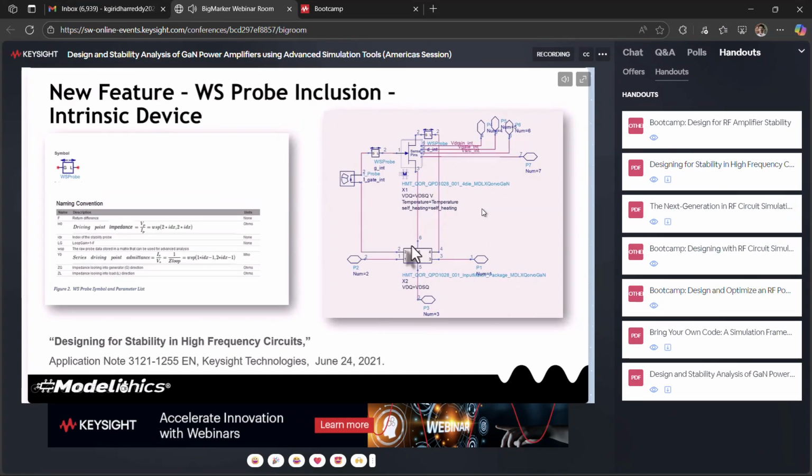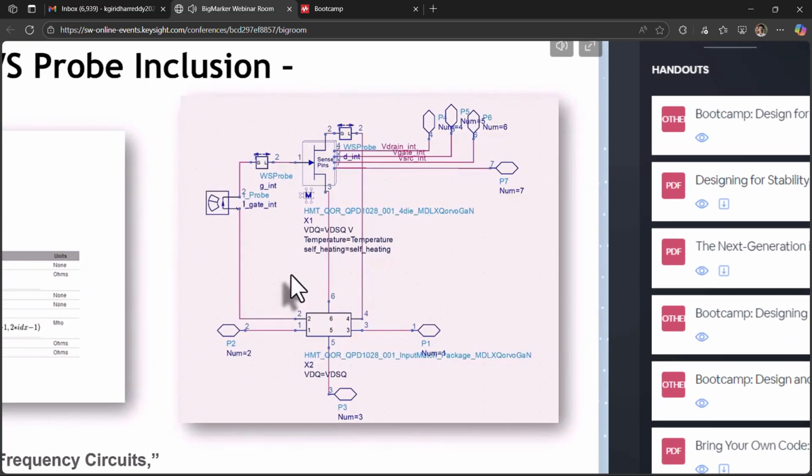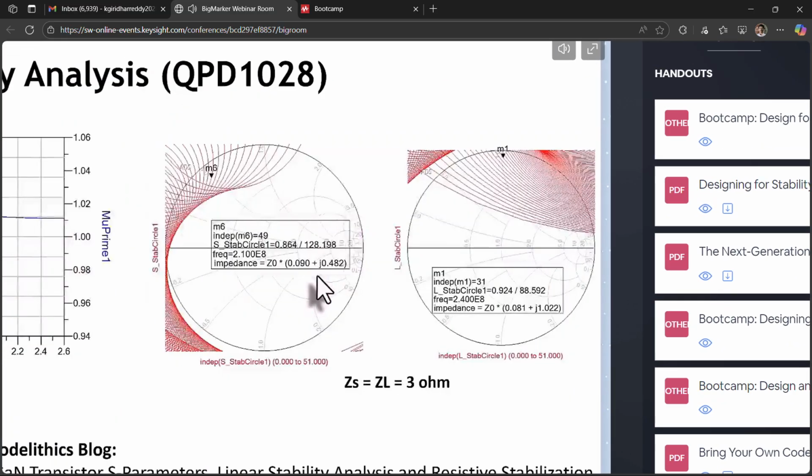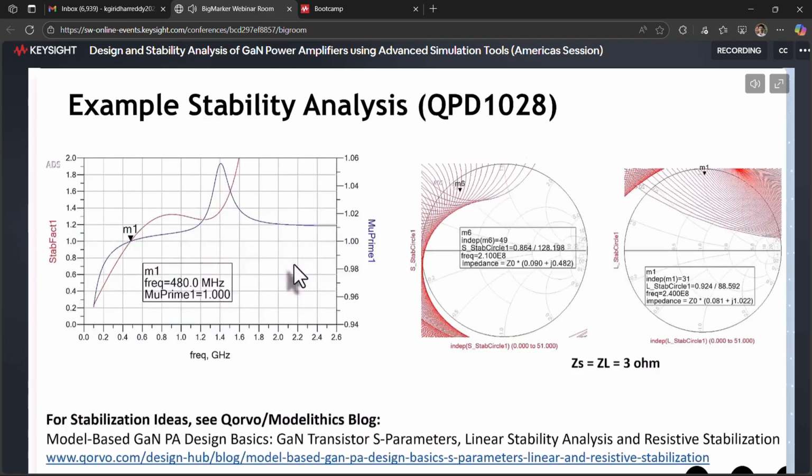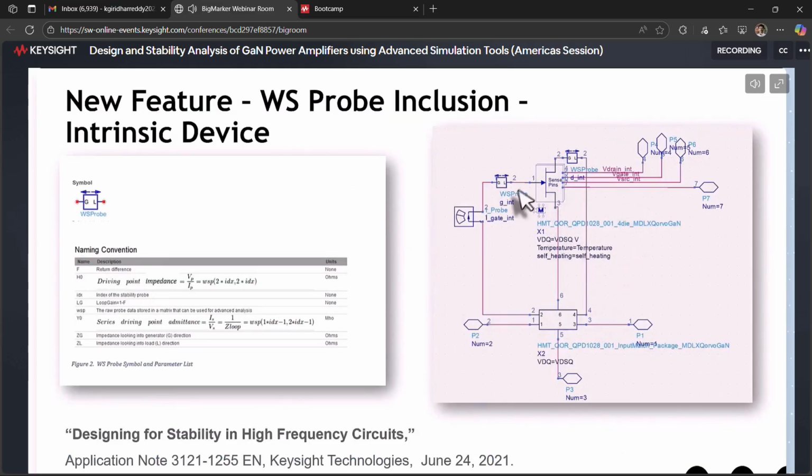Instabilities arise due to feedback, and if you only have your probes at the outside of the transistor, as we would have in this case, there might be an instability caused by the feedback inside the transistor that you might be missing. This helps you get around that limitation.